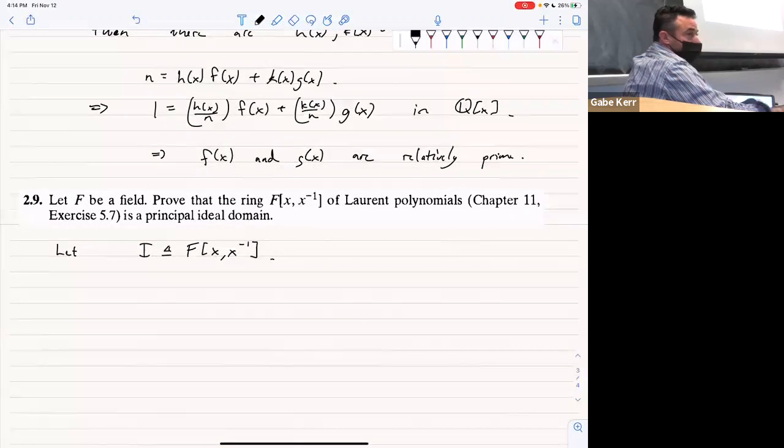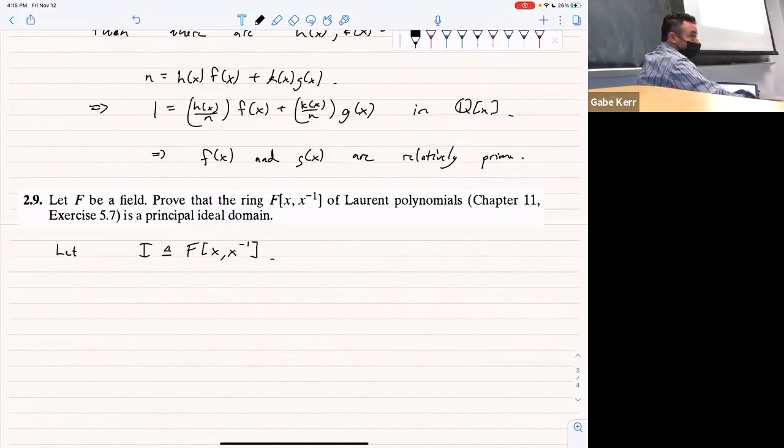What do you know is a PID? What are some examples of PID? Integers? Integers form a PID. Something kind of like this, but not.